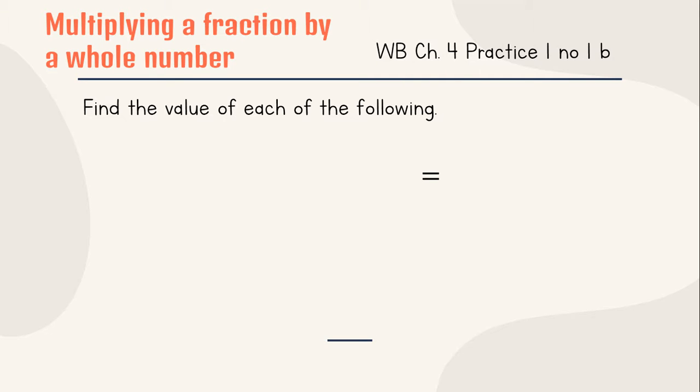Now go to your workbook chapter 4, practice 1, number 1b. 1 per 4 of 28. 1 per 4 times 28. Once again, can we simplify that? Yes. What is that? Divided by 4. So 1 times 7 equals 7.